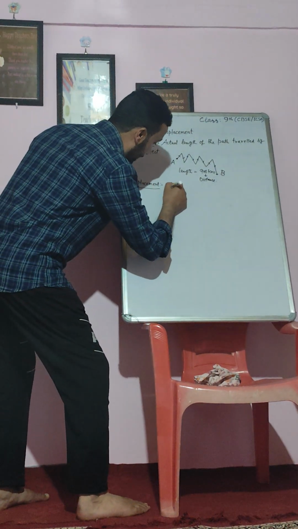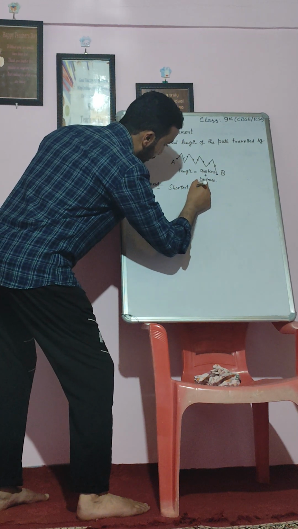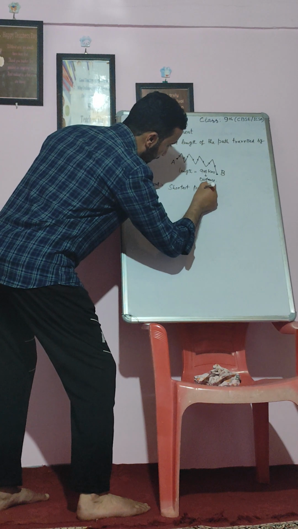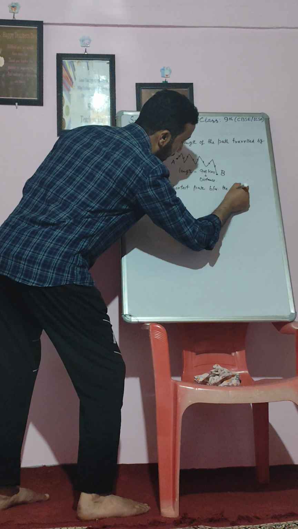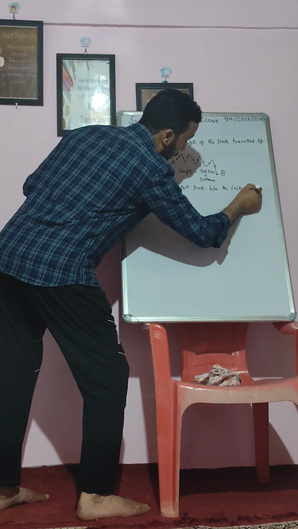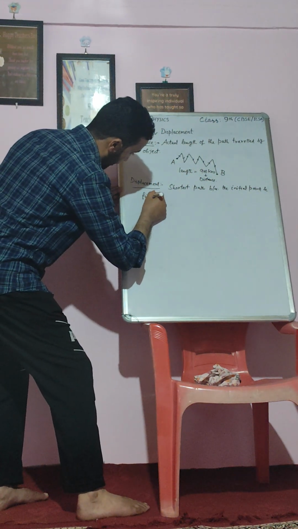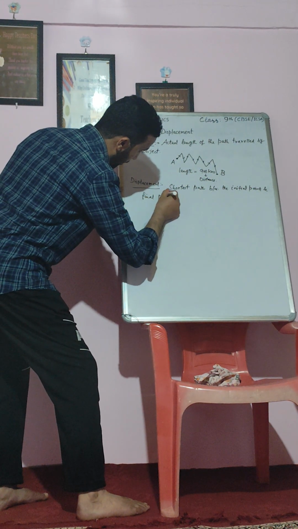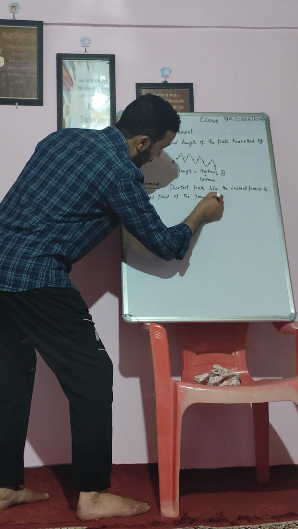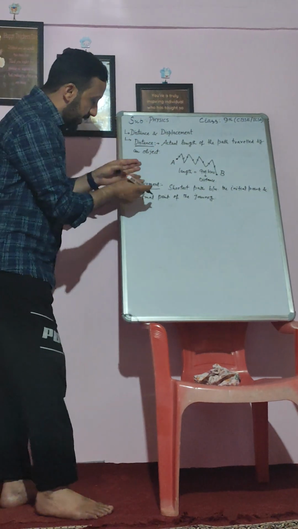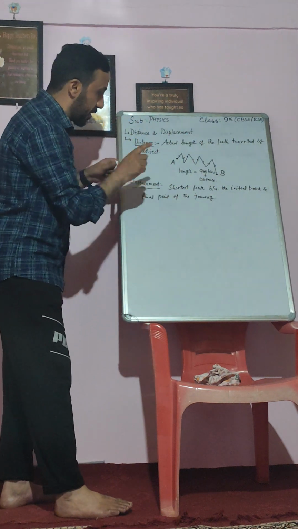Displacement is the shortest path between the initial point and final point of the journey of an object. So let's closely look over the definition: shortest path between the initial and final point of the journey.